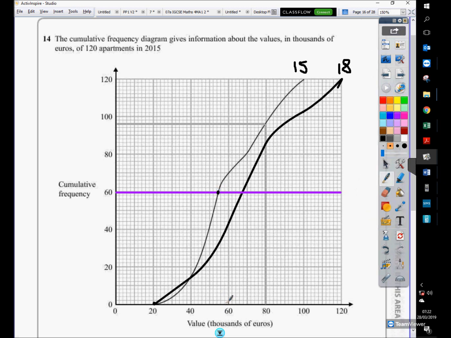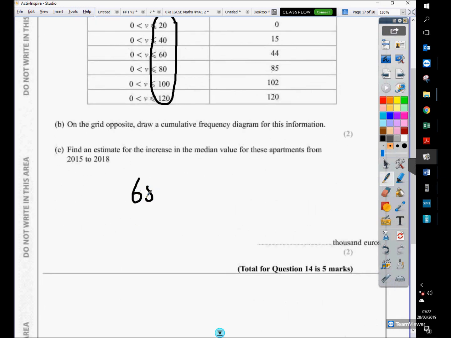So 2015 median, it's about 55, I would say. And 2018 median, about 68-ish. Okay, so then the difference, 68 minus 55, it's about 13,000 euros thereabouts.